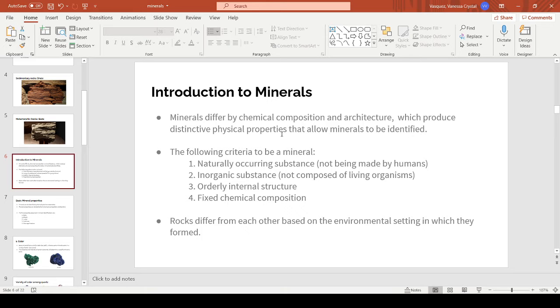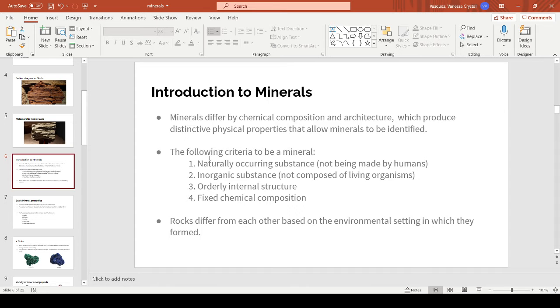So for your lab this week, you all will be identifying the types of minerals based on their physical properties. As an intro to minerals, minerals differ by chemical composition, and this allows them to have different physical properties that allow the mineral to be identified.